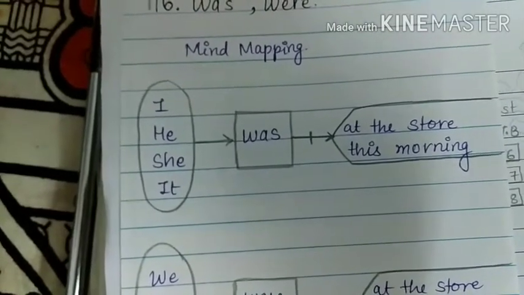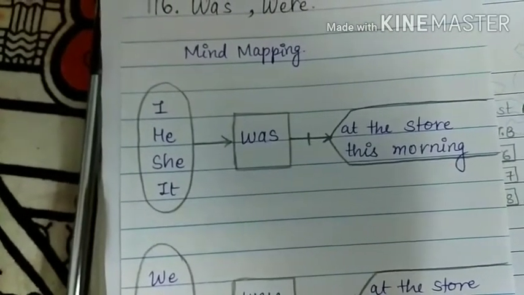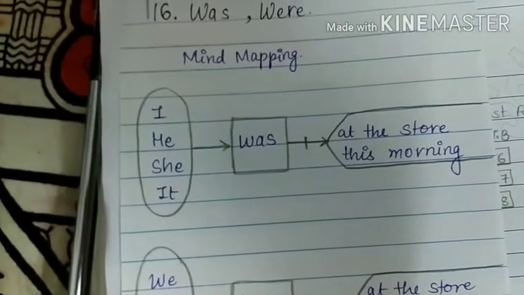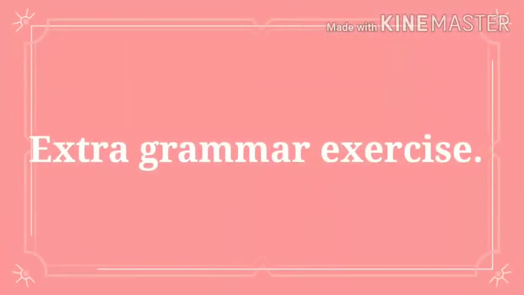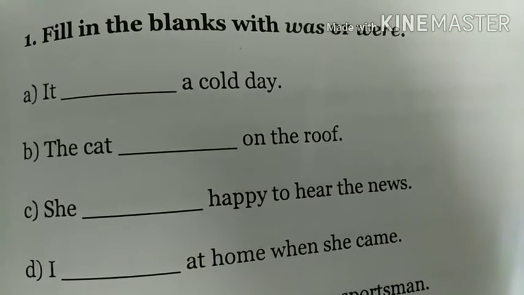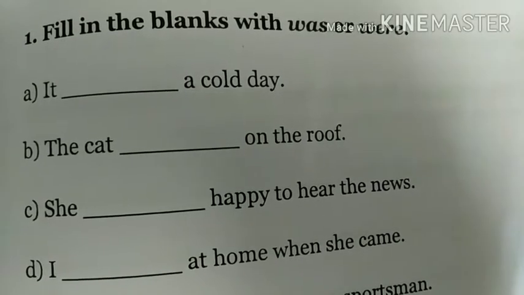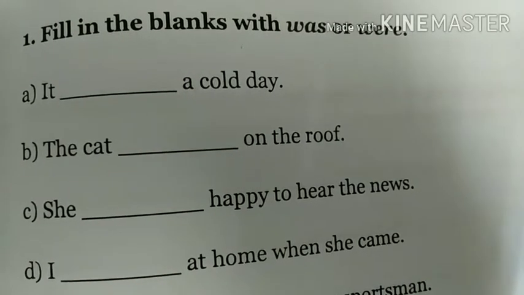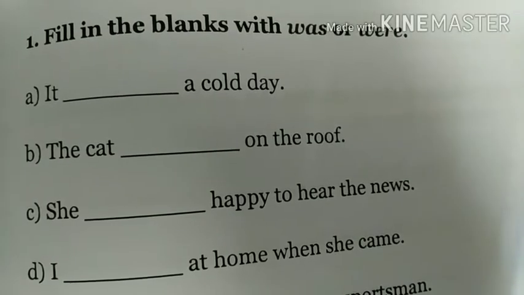Now let us do an extra grammar exercise of was and were. Are you all ready for the extra grammar exercise? So let's start. Fill in the blanks with was or were.